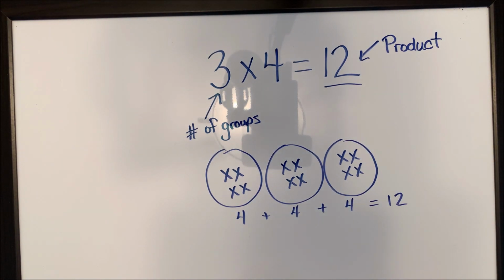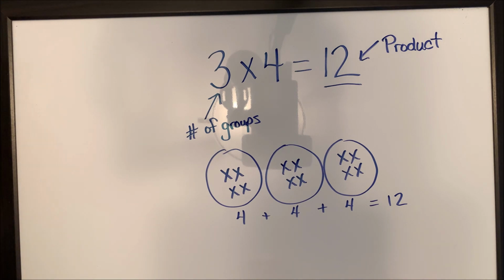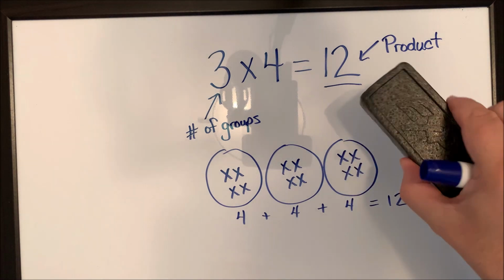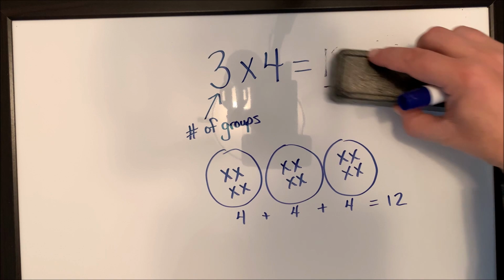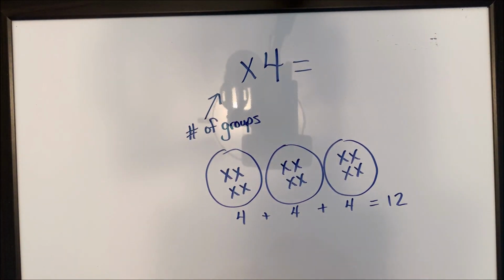Division is the opposite. So instead of saying 3 groups of 4 equals 12, we are going to reverse it. We are going to put the 12 at the beginning. These were apples.